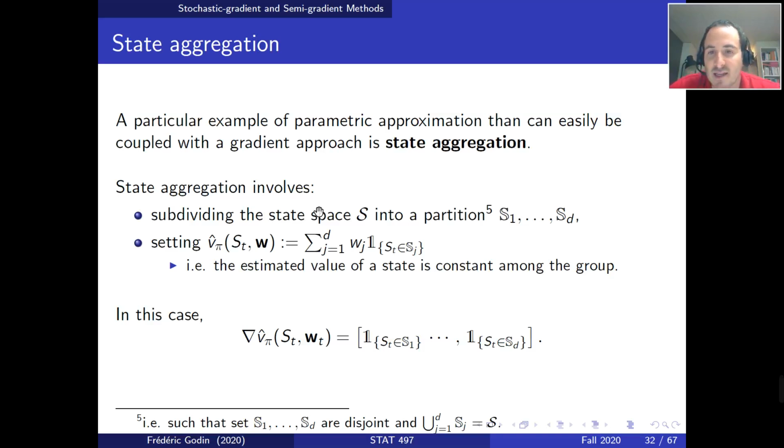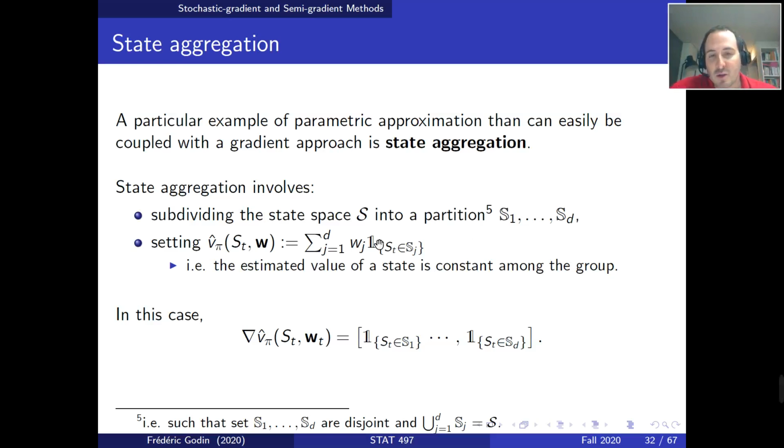So this entails setting the approximate value function as the sum across all D aggregates. Before that, maybe I'll explain. We start by taking the state space S and we divide it into a partition S1 until SD, so that we partition the various states. So every state in the set of all states fits within one of the D aggregates or D clusters.